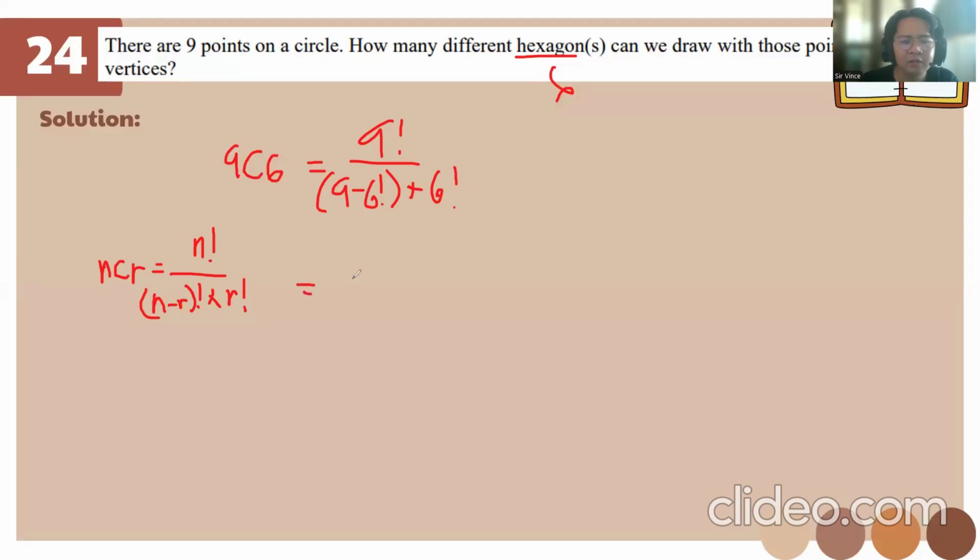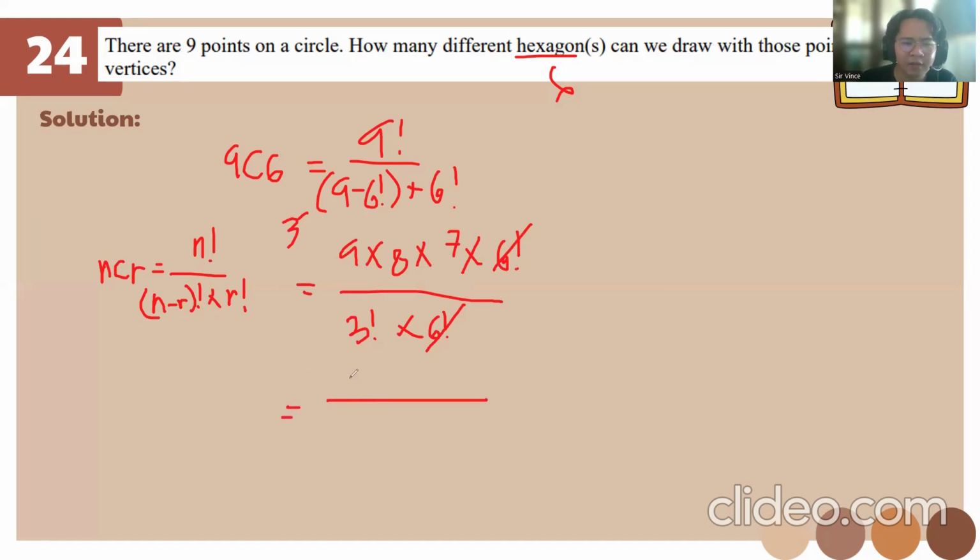Okay? So we have here 9 times 8 times 7 times 6 factorial. Then this is 3, right? This is 3, so we can just say 3 factorial times 6 factorial. So we can just cancel them out. Then we know that 9 times 8 times 7 over 3 factorial, meaning 3 times 2 times 1.